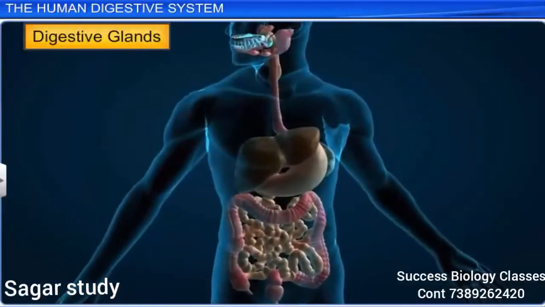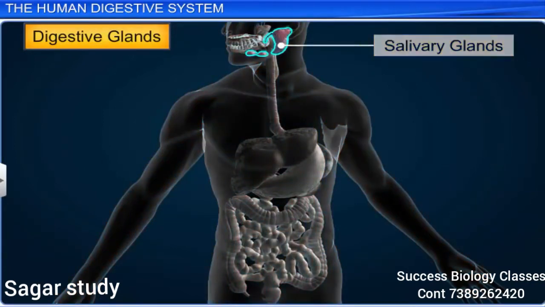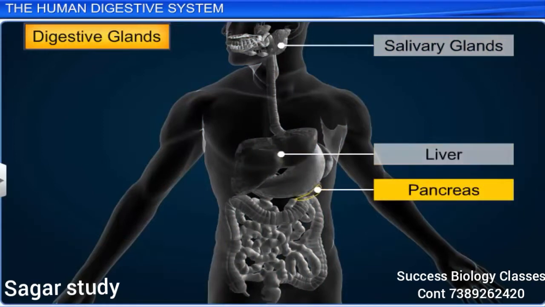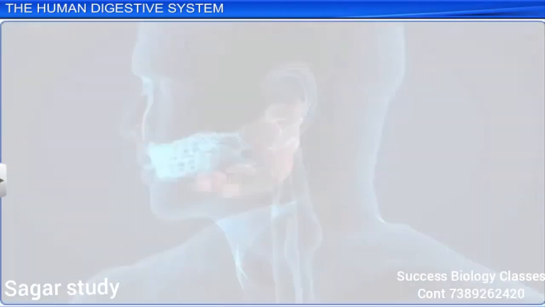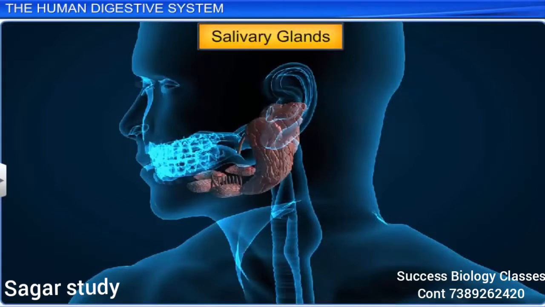Apart from the alimentary canal, the digestive system also consists of the salivary glands, liver, and the pancreas, which are collectively known as the digestive glands. The salivary glands, located just outside the oral cavity, secrete salivary juices into the cavity.